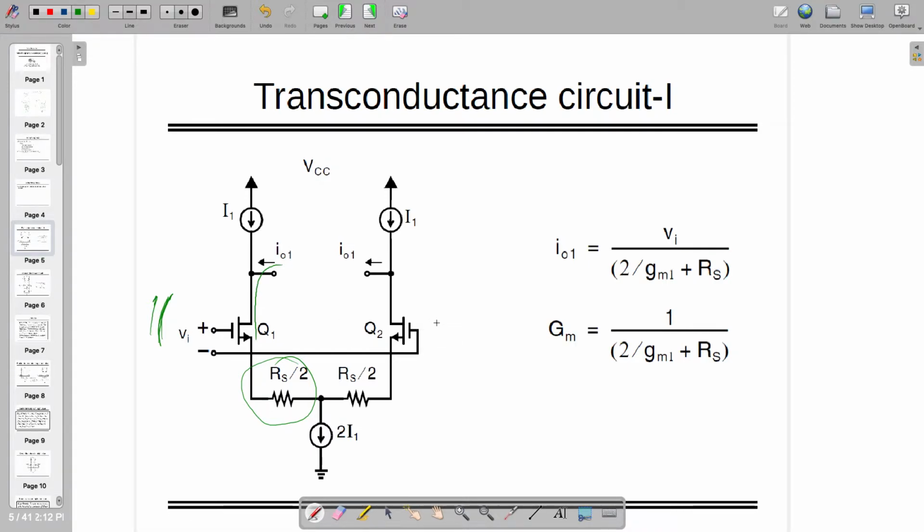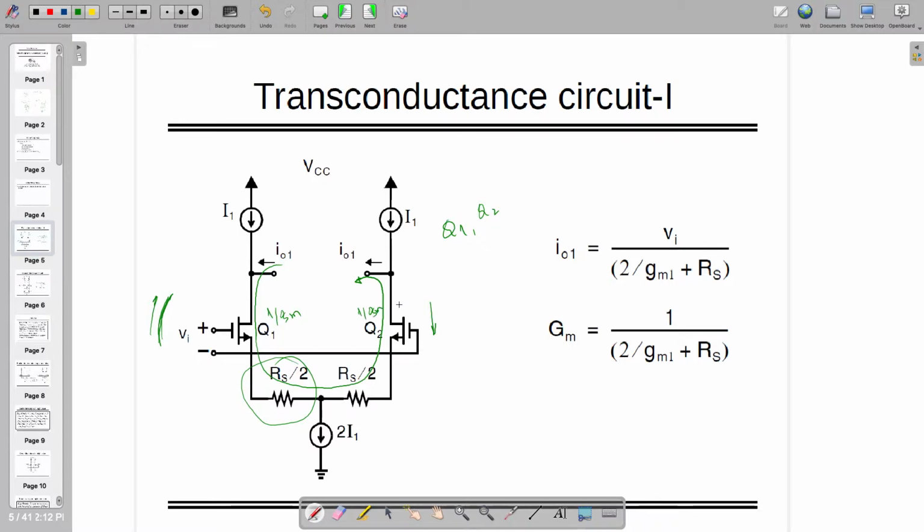At that time this is going down, so current will be in different direction. So you can see the loop of the current which is flowing through two transistors Q1 and Q2 and two resistances RS by 2, RS by 2. If you are adding all of them, this is 1 by GM, this is 1 by GM.